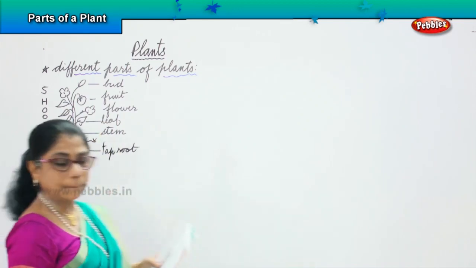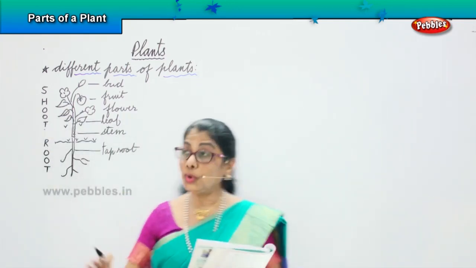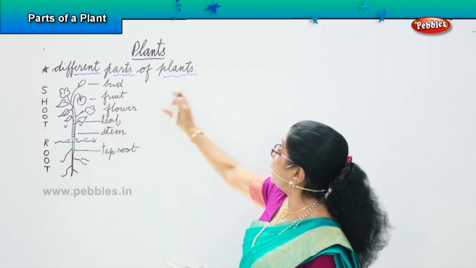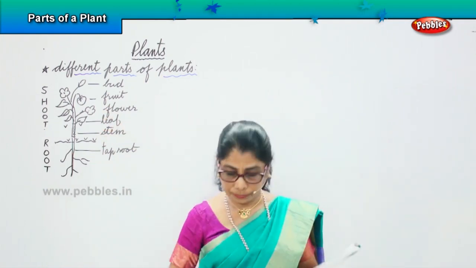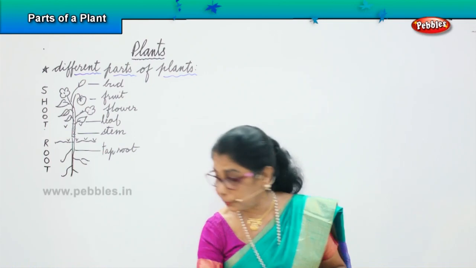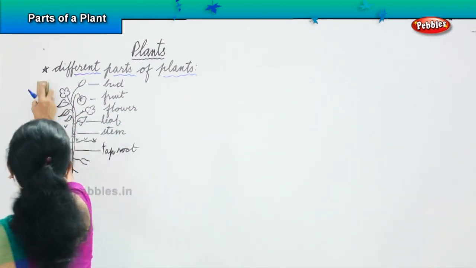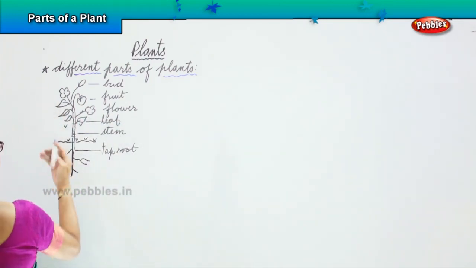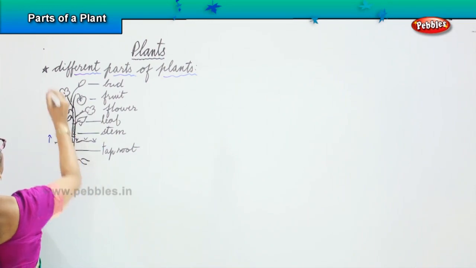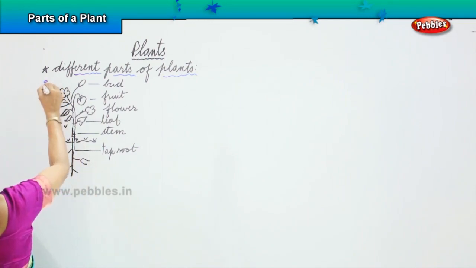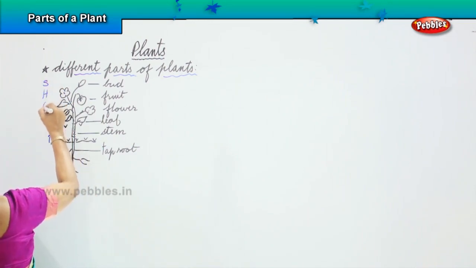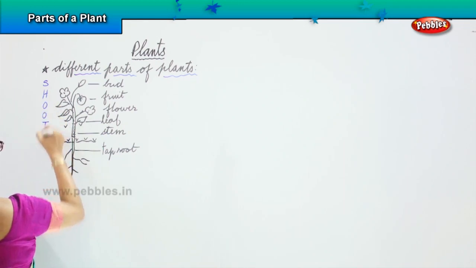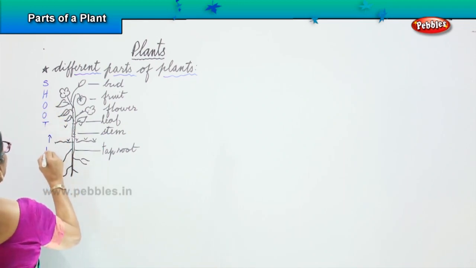Okay, fine. Now, we are looking at different parts of a plant. I said the part above the soil is called shoot. The part below the soil is called root.